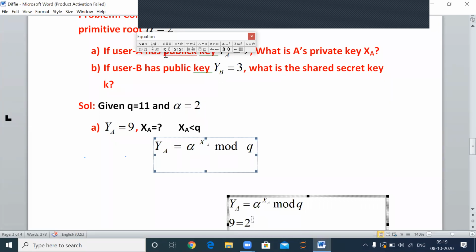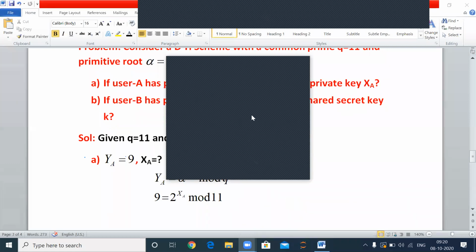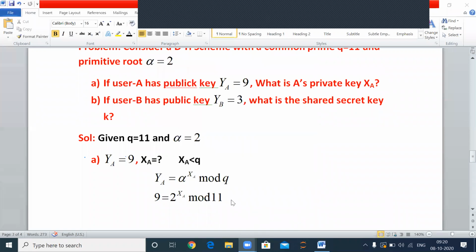You don't know the private key, so as it is we have to write it. After that, mod q, and the q value is 11.